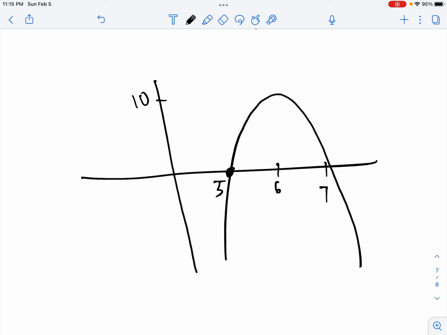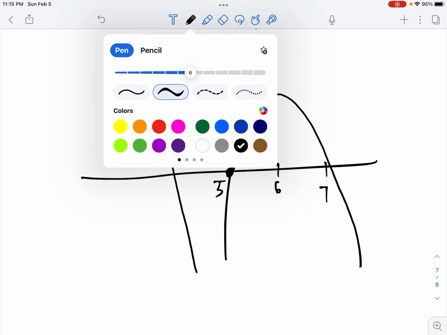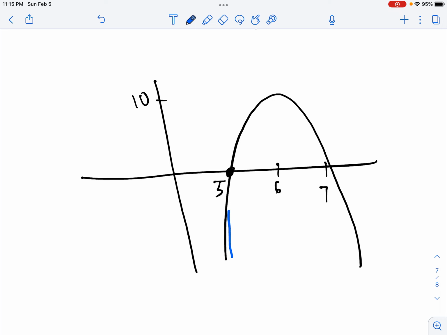Okay, so first of all, let's do intervals of increase. Intervals of increase are, let's trace this here in blue. Increasing there. So again, intervals of increase, I'm only talking about the x values. And so from negative infinity up to 5, I'm increasing.